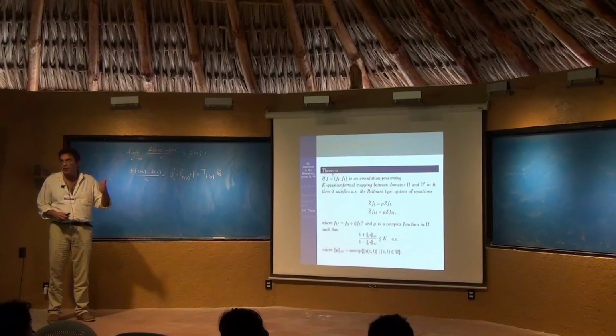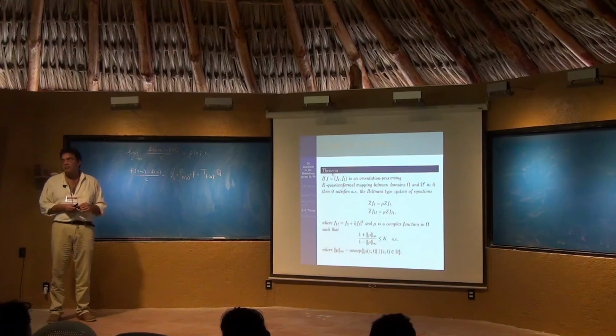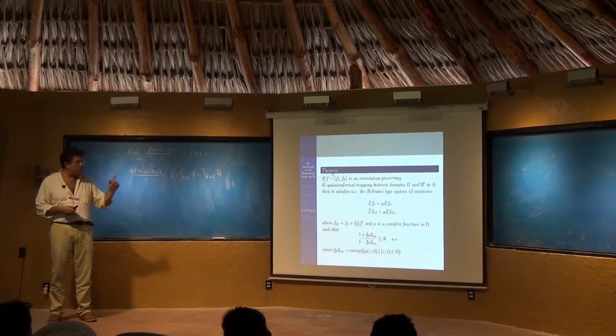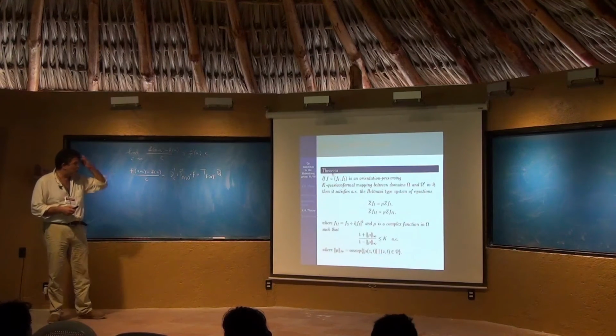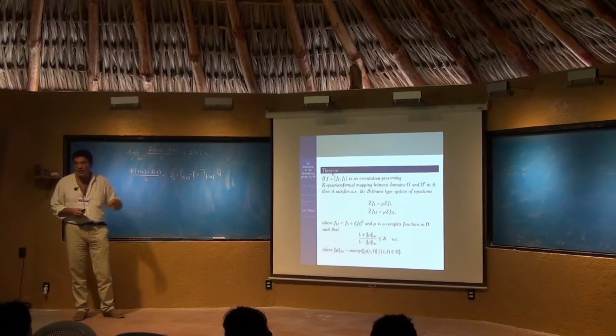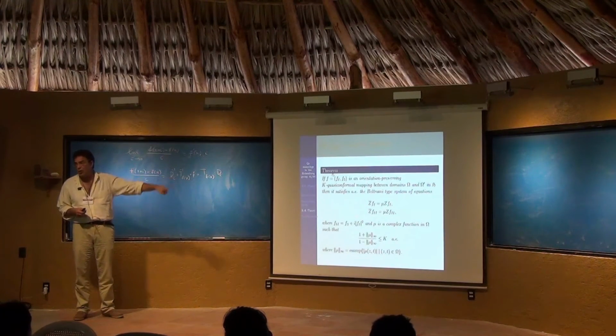Right now we have Pansu differentiability, we have absolute continuity on lines, and now we have the Beltrami system. This is the counterpart of the Beltrami equation, and you see, it's not one equation, it's two. So we have a mapping F1 and F3. F1 is the complex coordinate and F3 is the real one, but we also consider this mapping F2, which is F3 plus i times the modulus of F1 squared.